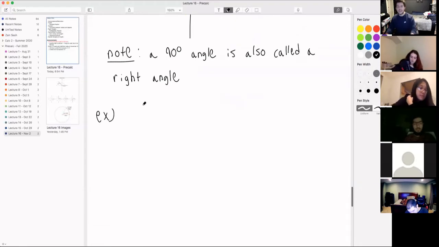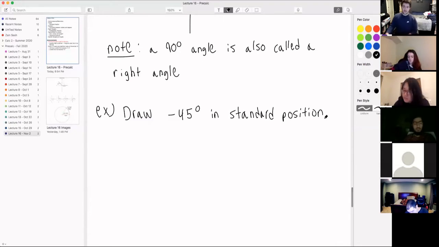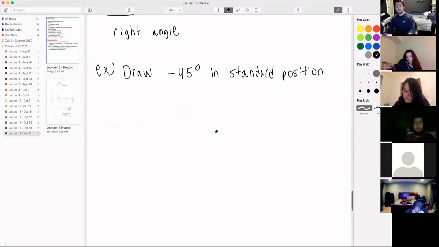How about negative 45 degrees? Draw negative 45 degrees in standard position. Whenever you see the words standard position, you know you have to draw an XY plane, your XY axes, because that's built into the definition of standard position. All right, here is my XY plane.